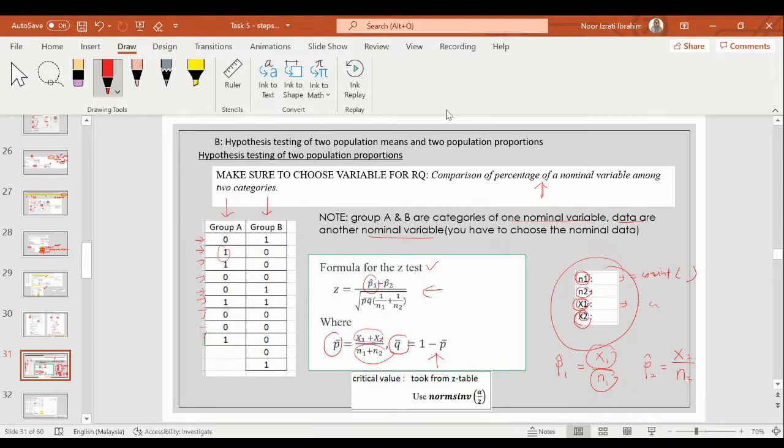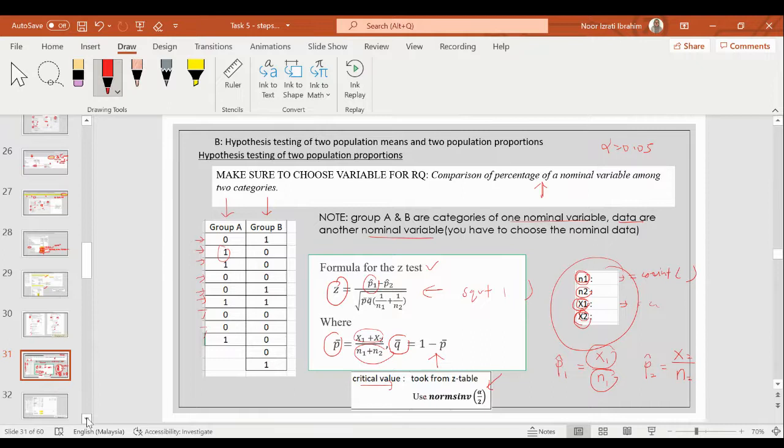Once you have all the information needed to find the test statistic, you calculate the Z value, also using the Excel function. For square root, it will be SQRT. The CV, you have to use this function: equals NORM.S.INV of alpha over 2. Our alpha is always 0.05, that means alpha over 2 is 0.025.